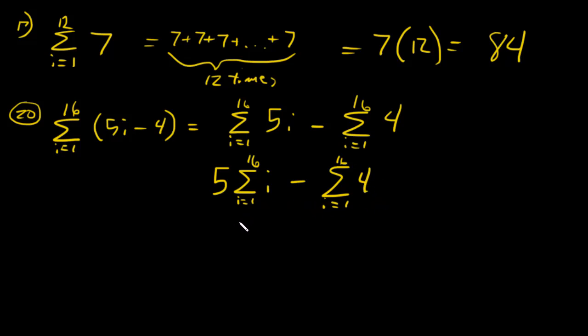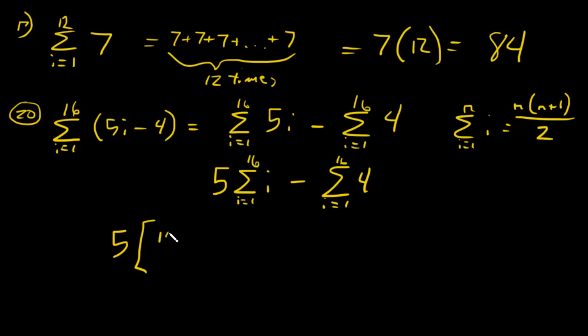Okay, well, I've got 5 times, when I do the summation of i from 1 to n of i, that's n times n plus 1 over 2, right? That's what that formula was. So my n is 16, so this is going to be 16 times 17 over 2.